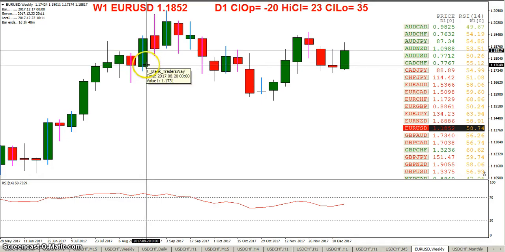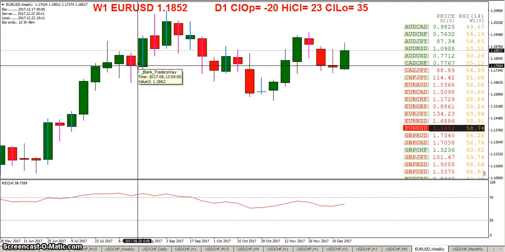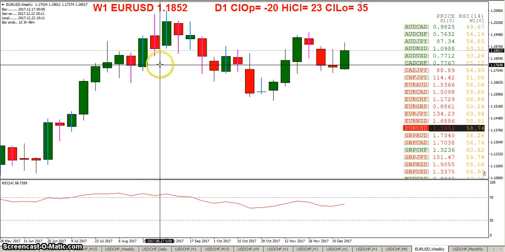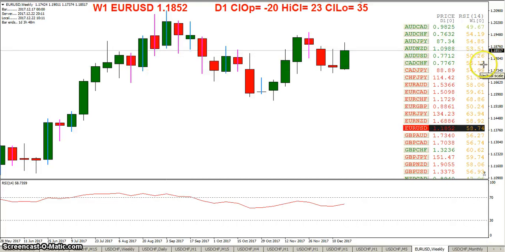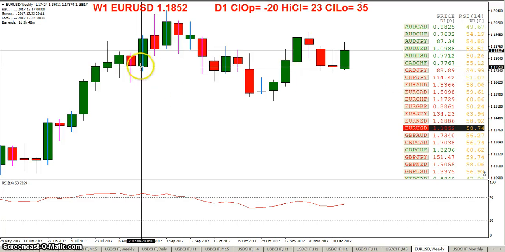If you were to go short here, let's see, we've got a low of 1730 and an entry of 1764. If you look over on the right hand side here, it's about 1764. So there were some pips to be made.